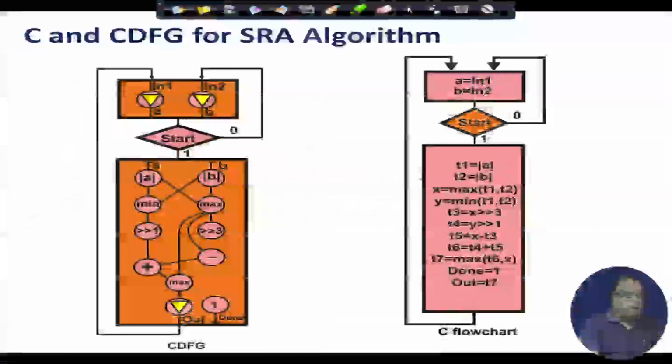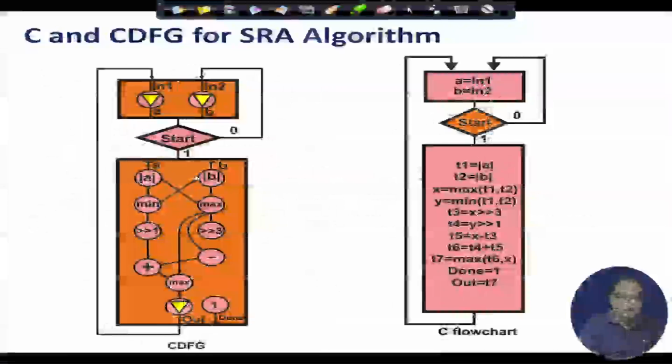Here, we are showing a C flowchart, sort of C steps, and here we show a control and data flow graph, CDFG. Now, in the CDFG, unlike the FSMD, where we had shown all the data operations explicitly, here we only show the operations.